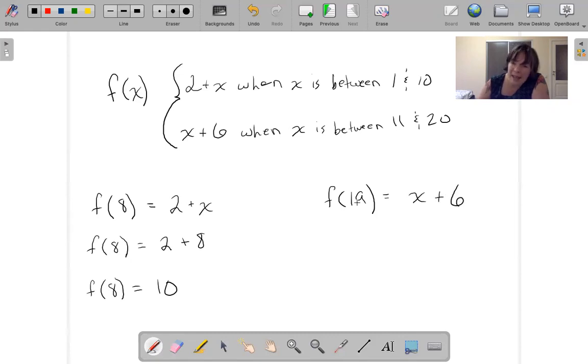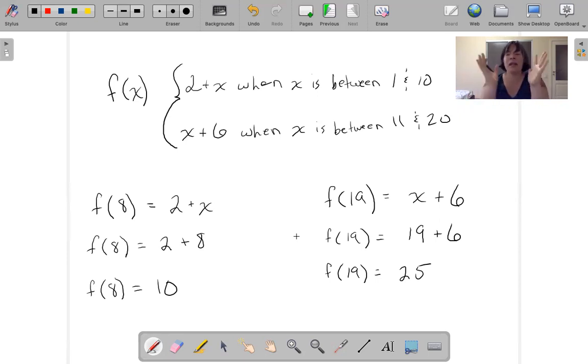And my x is 19 because this is f of x. So f of 19 equals 19 plus 6. F of 19 equals 25.